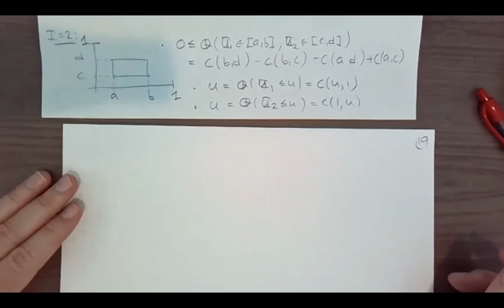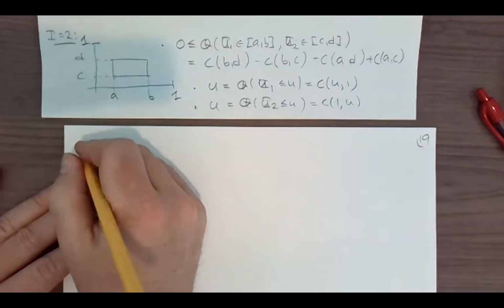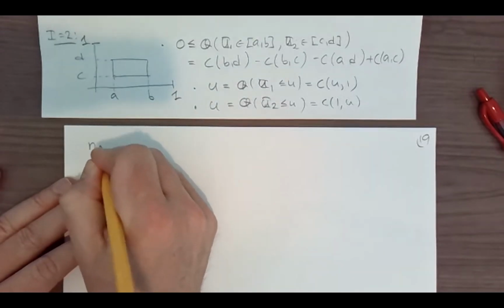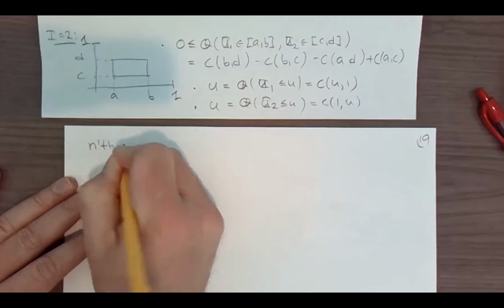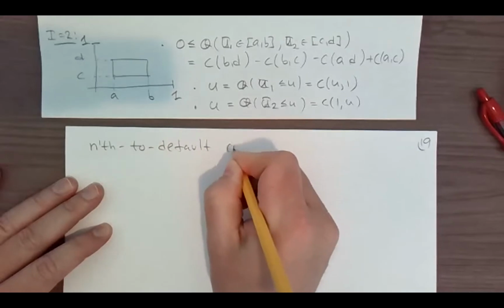One reason for studying copulas and these models will be the nth to default contract.